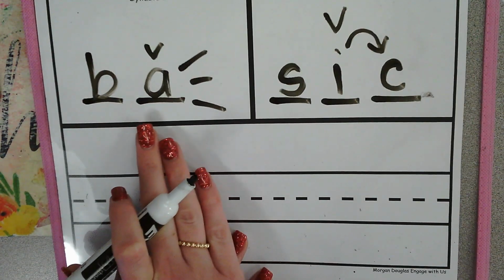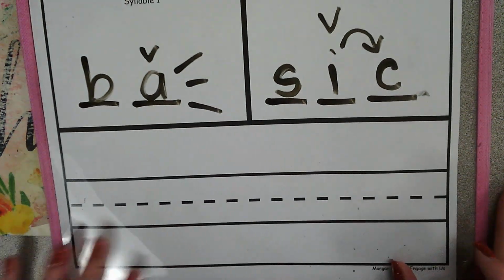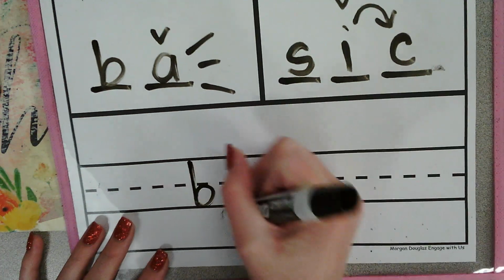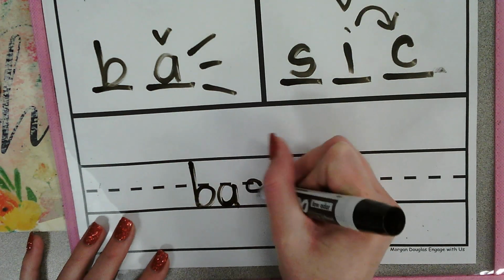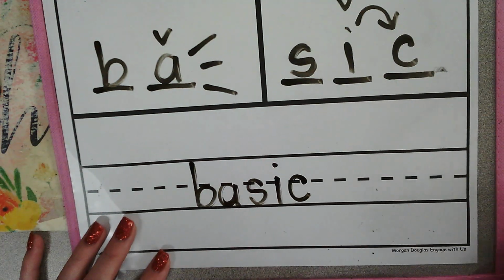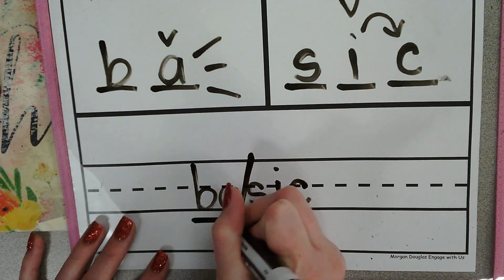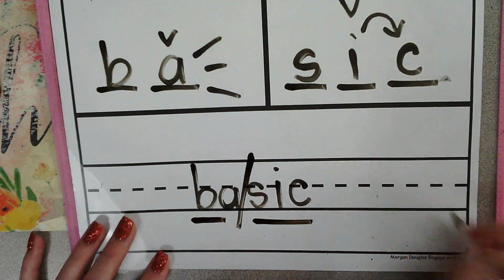Basic. We have an open syllable, and we have a closed syllable. So let's come down here and combine it. B, a, c, s, i, c. Basic. Okay, and if we were to separate it, our slash would go here because this is our first word part and our second word part.